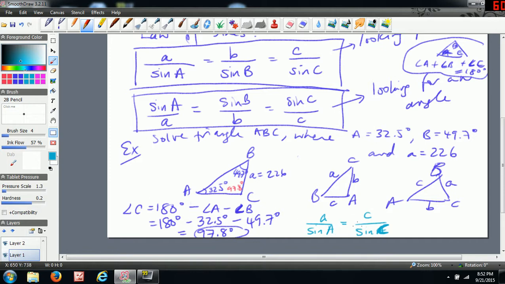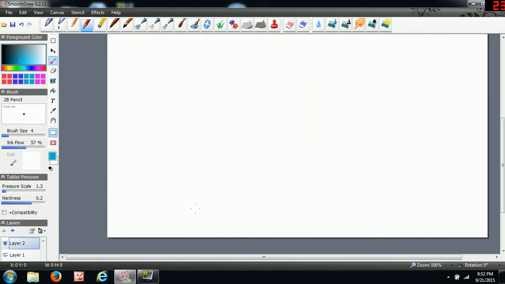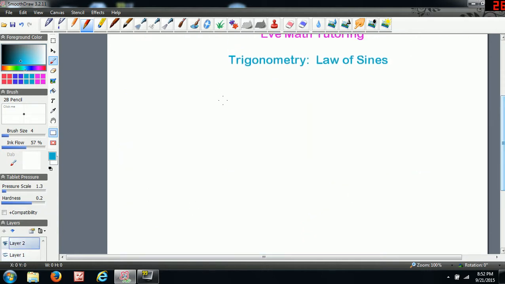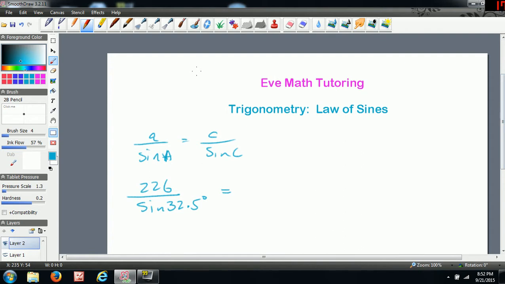So plugging everything in, going back to this, sine of A over a equals sine of C over c. Side a was 226, the angle was 32.5, and I'll just draw the triangle for you again.